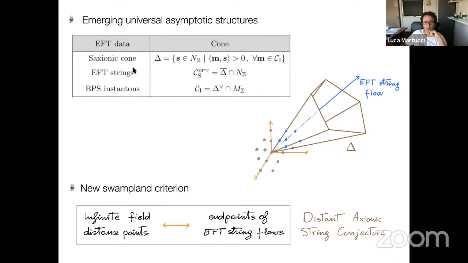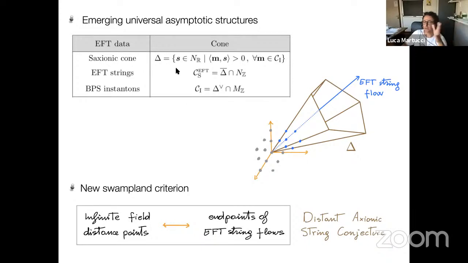This axionic cone corresponds in turn to a set of EFT string charges, which are basically obtained by discretizing this cone, or better, the closure of this cone. And the dual BPS instantons are obtained by discretizing the cone dual to this axionic cone.